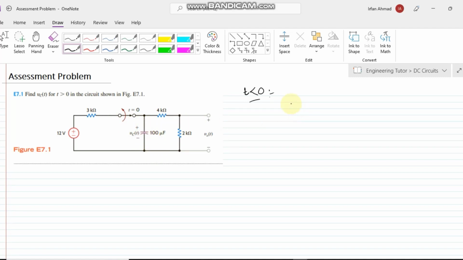When it is not open, it is in steady state. There are two types of states in any circuit. If the circuit is in steady state, the capacitor will behave like an open circuit, because it will store all the voltage which has been provided to it.